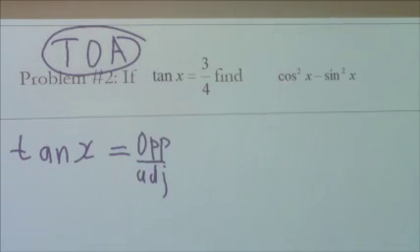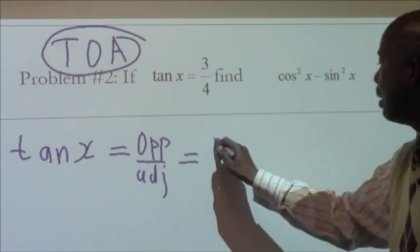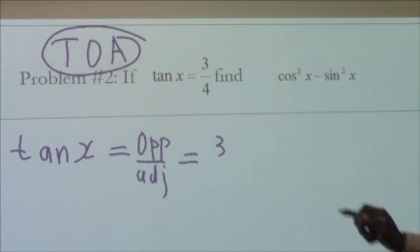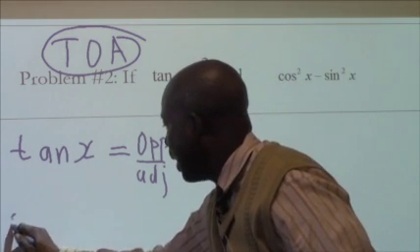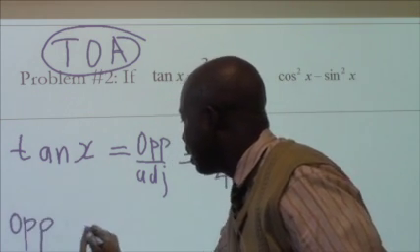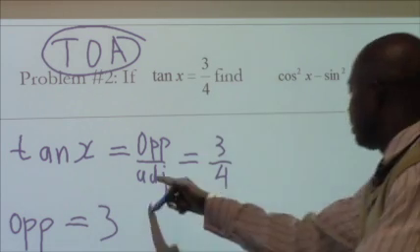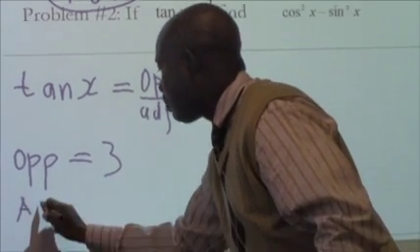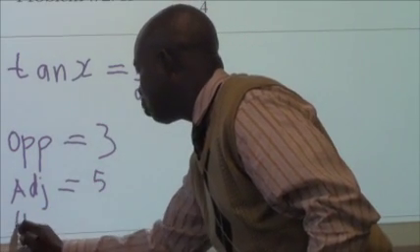So if in this problem our tangent is 3 over 4, it means the side opposite angle x here will be 3, and the side adjacent to angle x will be 4. So what is missing here is the hypotenuse, which we don't know.